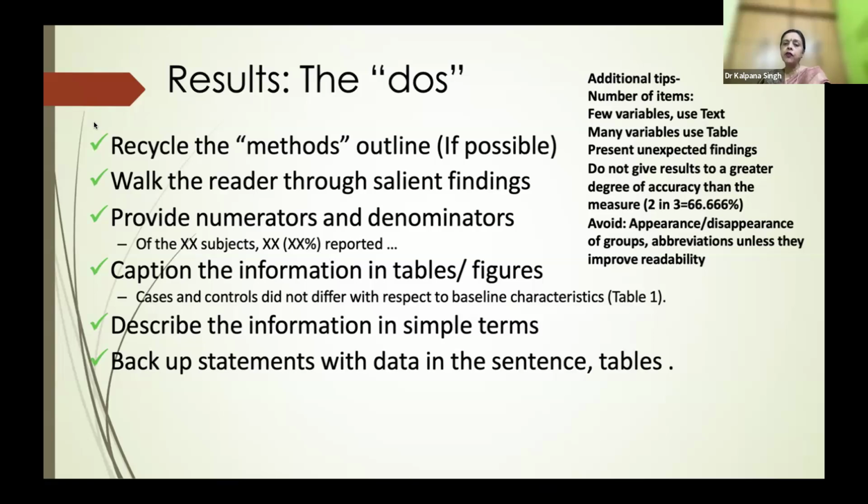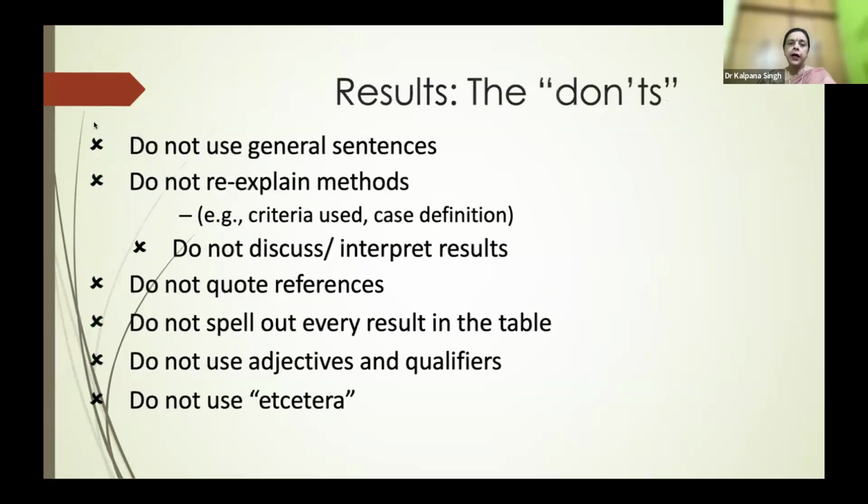Additional tips: for a few variables, use text. If there are many variables, then they should be expressed in a table. Present unexpected findings. Do not give results to a greater degree of accuracy than the measure, and avoid the appearance or disappearance of groups and abbreviations unless they are very much acceptable to the reader.